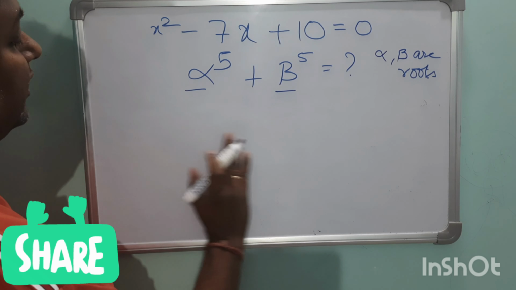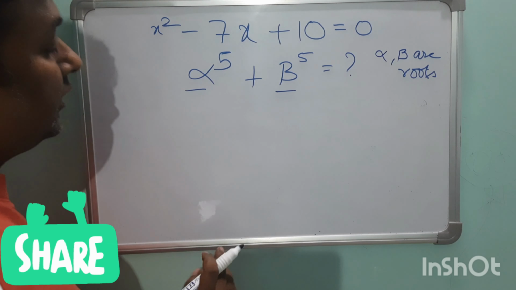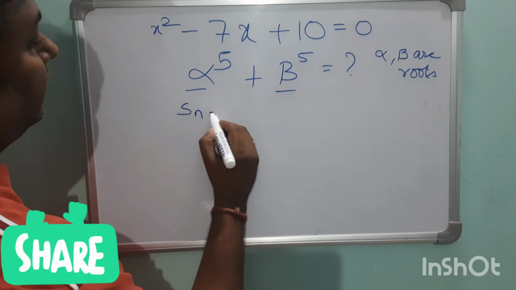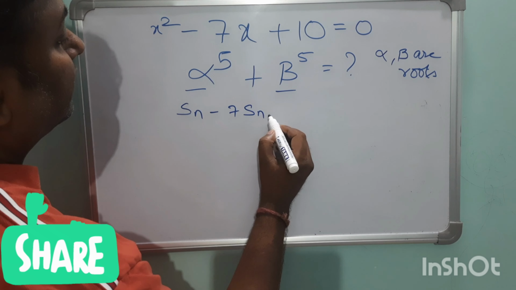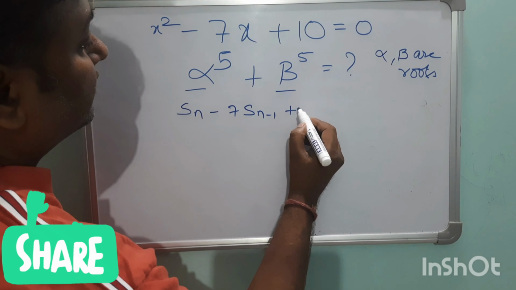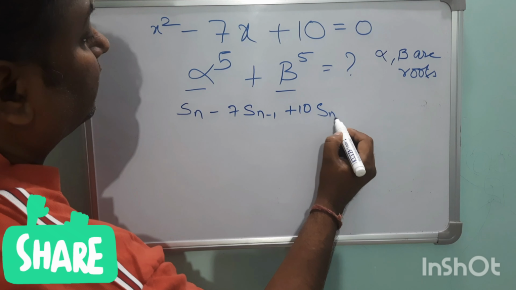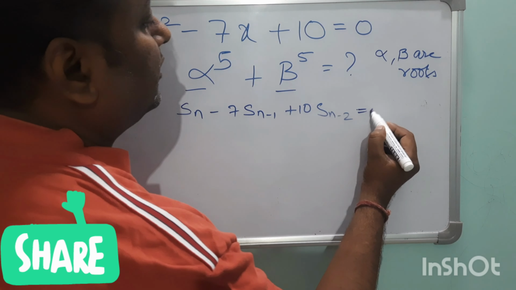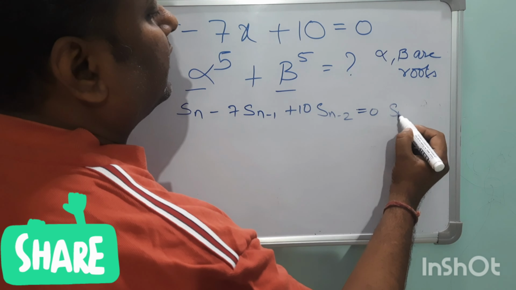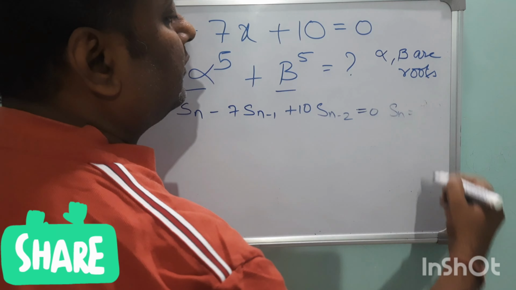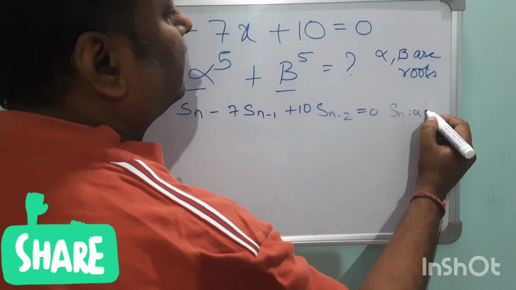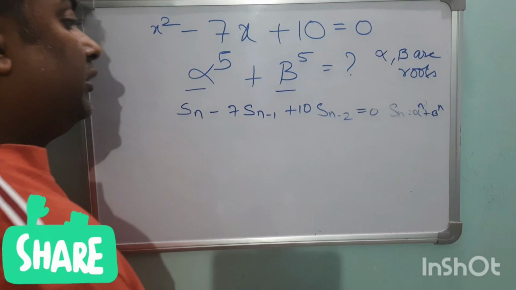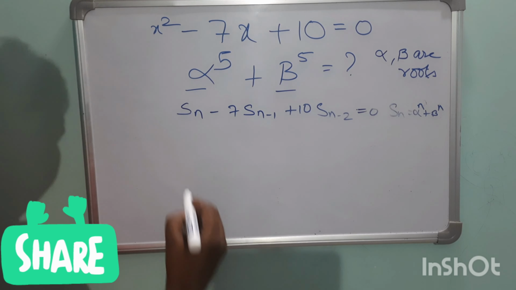That method comes from Newton. So Newton says here: Sn minus 7 Sn minus 1 plus 10 Sn minus 2 equals 0, where Sn is alpha raised to power n plus beta raised to power n.